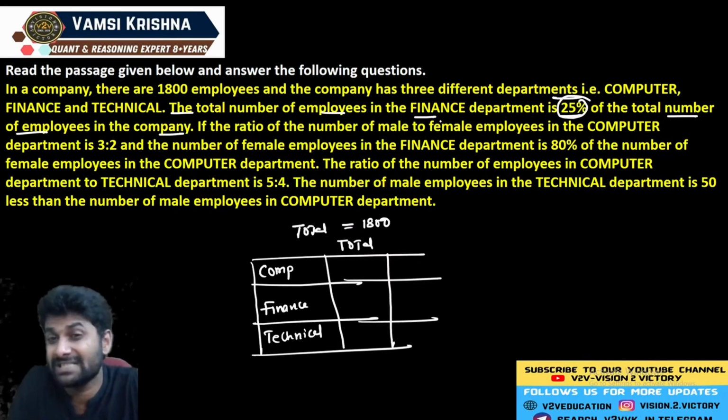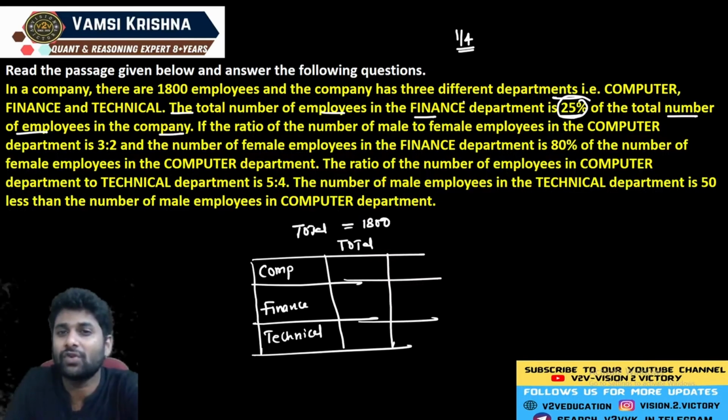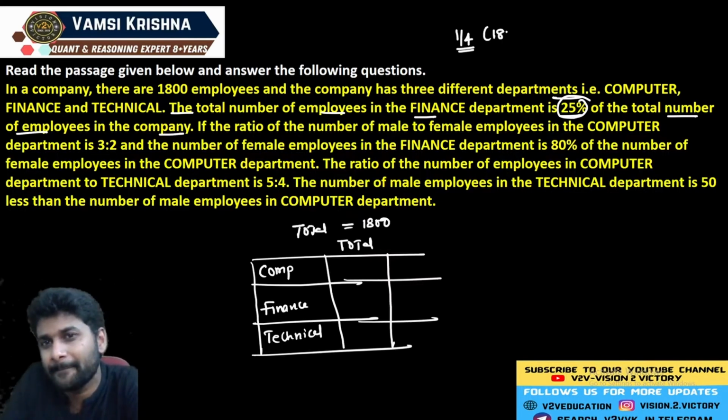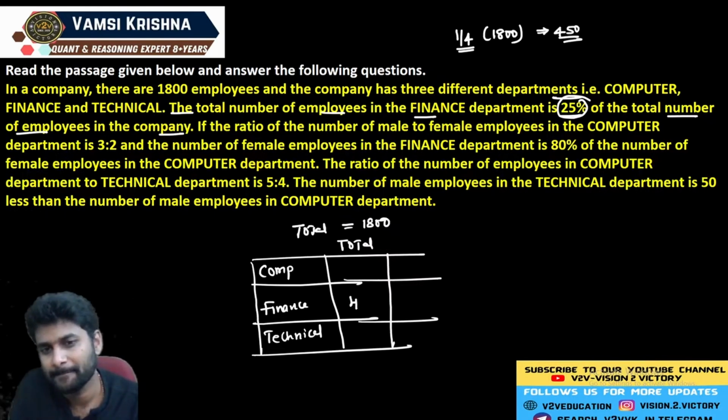You already know that 25 percent means one fourth of the value, guys. So one fourth of 1800 is exactly equal to 450, guys. So 450 people are from the finance department.